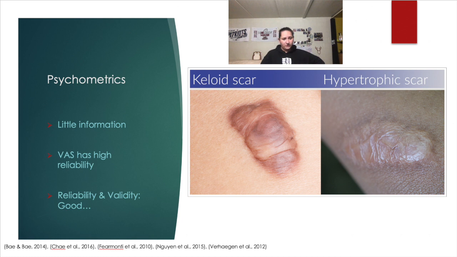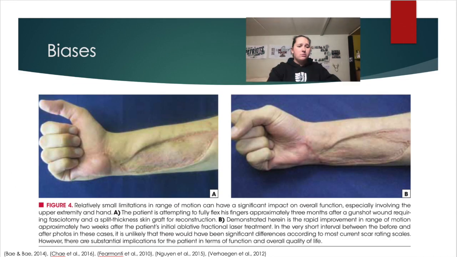So biases, the big thing here is that it fails to account for symptoms of function. So this image actually shows a scar that on the left side, you can see he can't make a full fist. And then on the right side, it's the same person, however much time later, I don't remember off the top of my head, and he's been able to make a full fist.